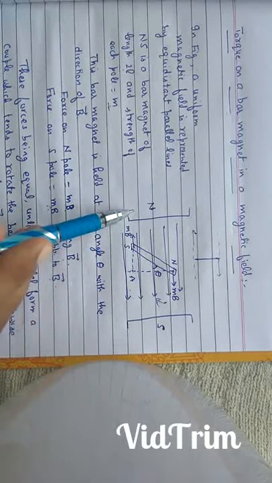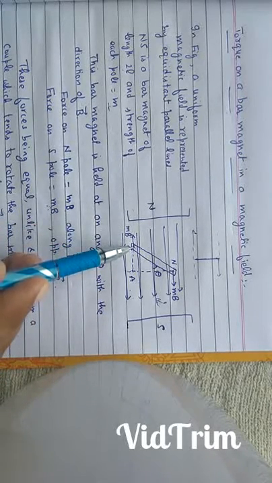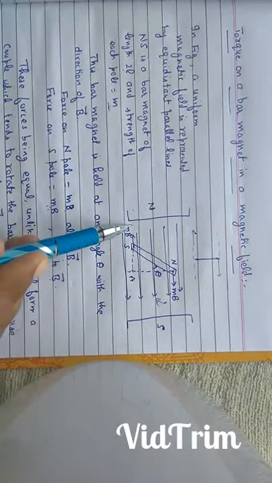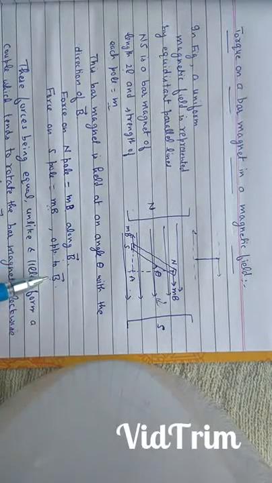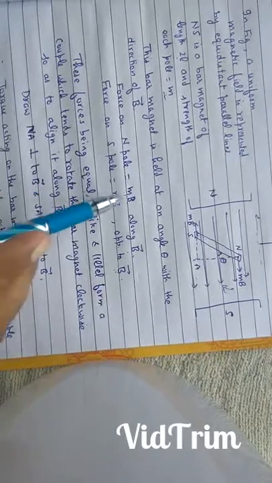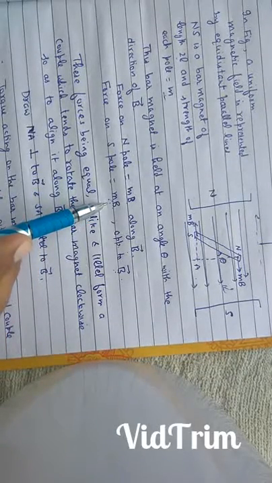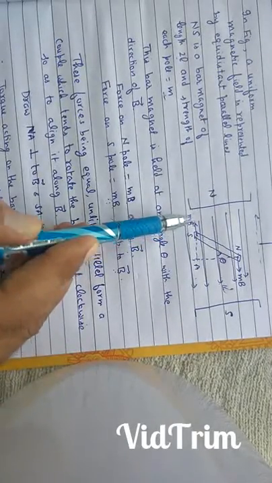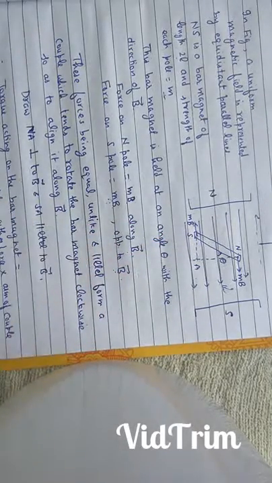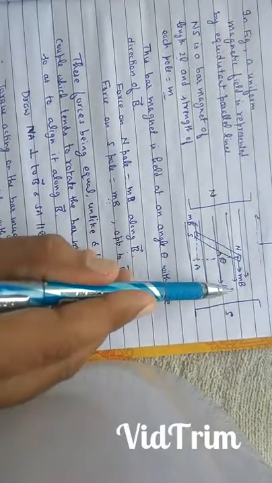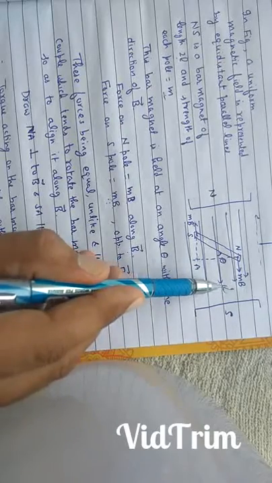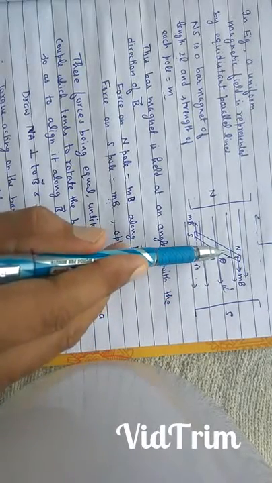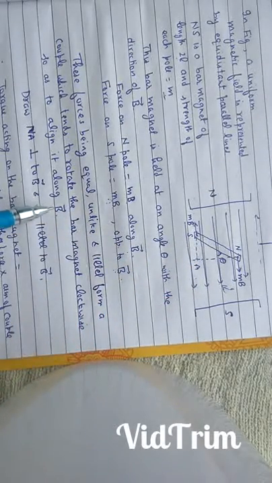Because south pole is attracted by north pole, therefore south pole tends to move in this direction, which is opposite to B. These forces being equal, unlike, this means they act in opposite directions, and parallel. Therefore these forces form a couple which tends to rotate the bar magnet clockwise so as to align it in the direction of magnetic field B.